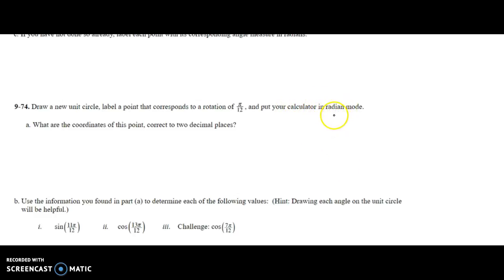If radian is not highlighted, push the arrow button down till you get to that row, highlight radian, hit enter, and then you'll be in radian mode. That will make our calculations different because we're dealing with a slightly different way of measuring something.